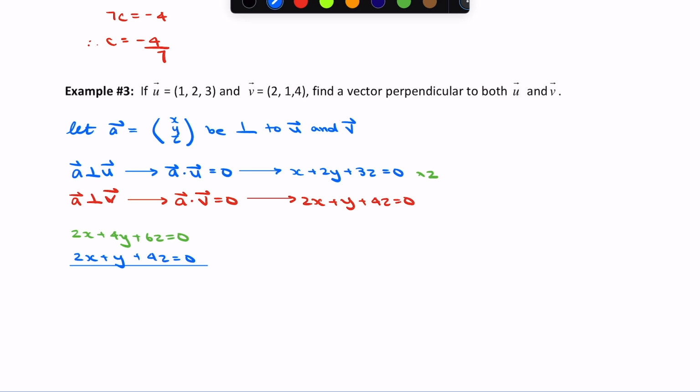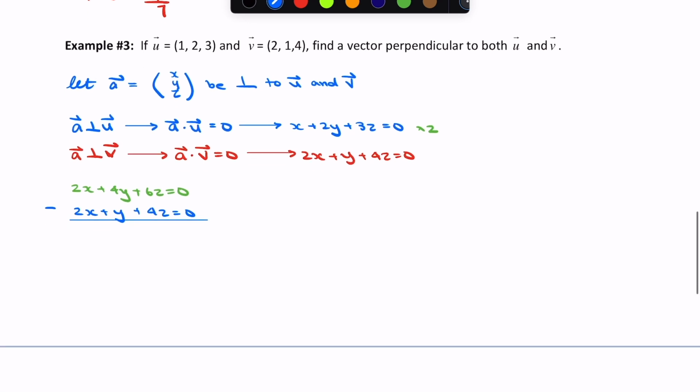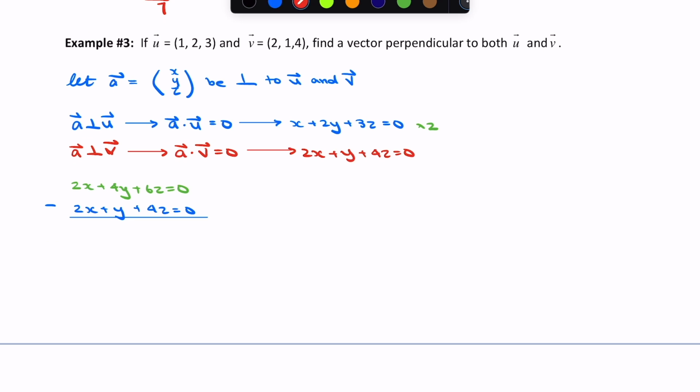Here we'll use elimination. We can subtract the two equations. 2x minus 2x, that gives us 0. 4y minus y gives us 3y. And 6z minus 4z is 2z is equal to 0.